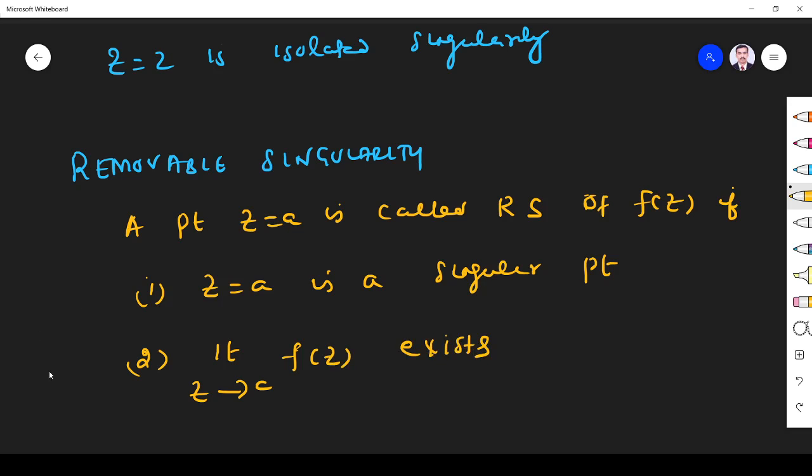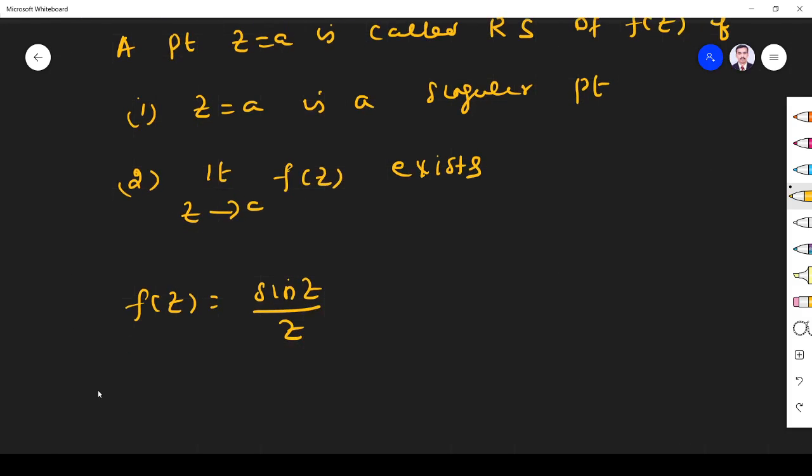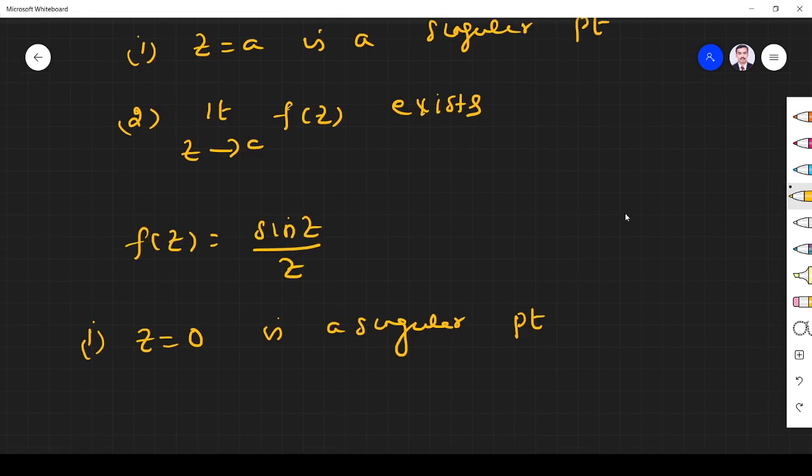right? So let us see one example. For example, let us take f of z is equal to sine z divided by z, right? So first condition, what is the singular point? z is equal to 0 is a singular point. First condition is valid, because when z is equal to 0 the function becomes infinity and is not defined.